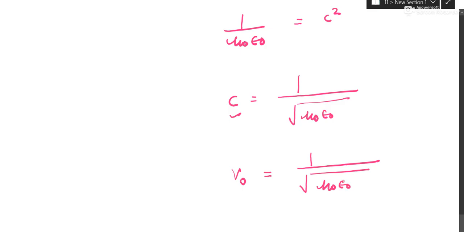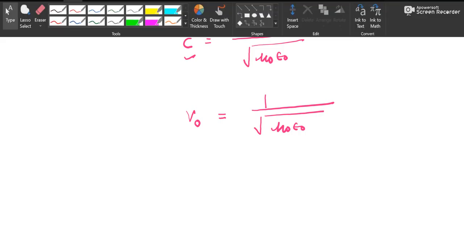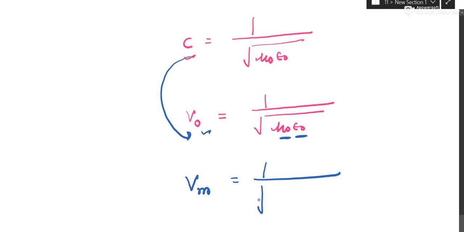So we'll have to write what is the speed of light in a medium. Okay, so let us see. We need speed of light in a medium. C means in vacuum or air. So when it required vacuum's permeability and vacuum's permittivity, similarly here we will have to write the material's permeability and the material's permittivity. Epsilon m is the permittivity of the medium, and mu m is the permeability of the medium.